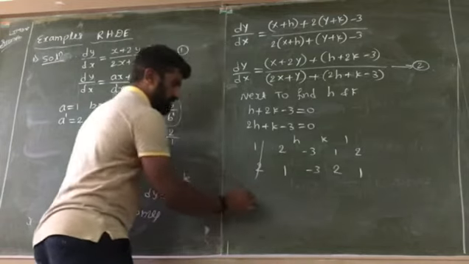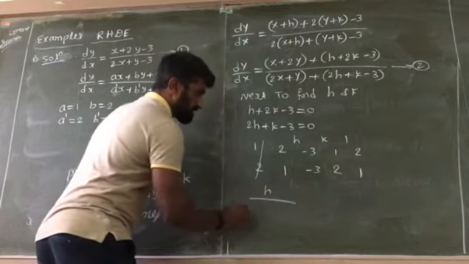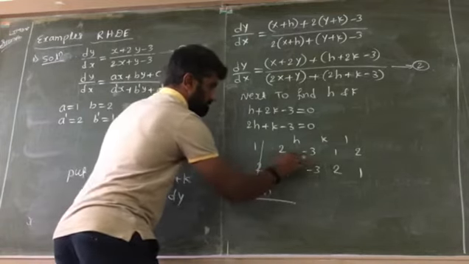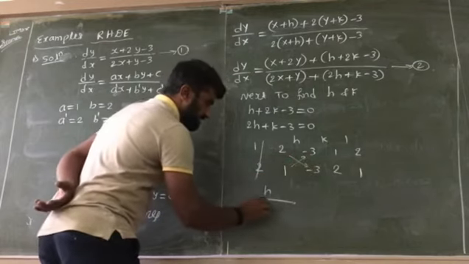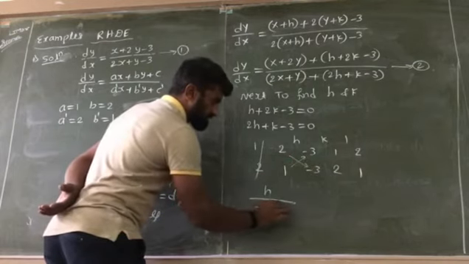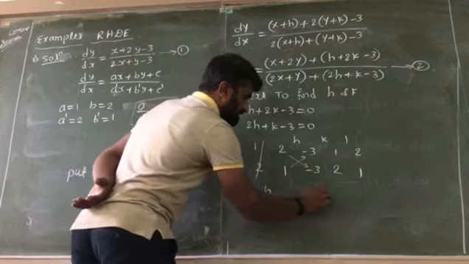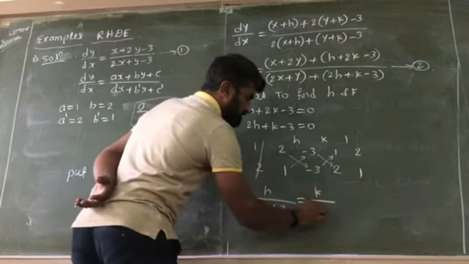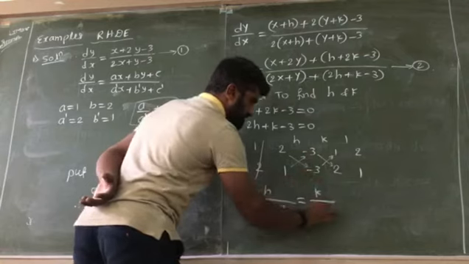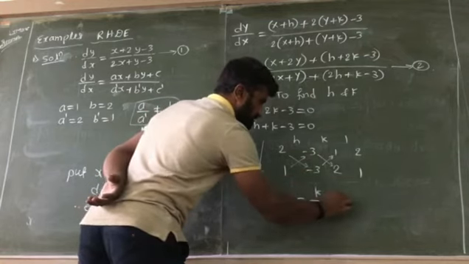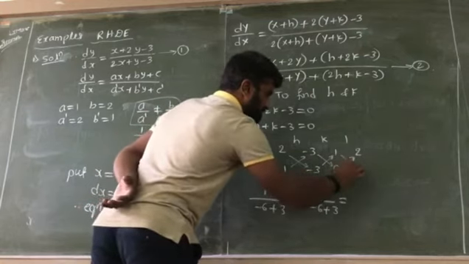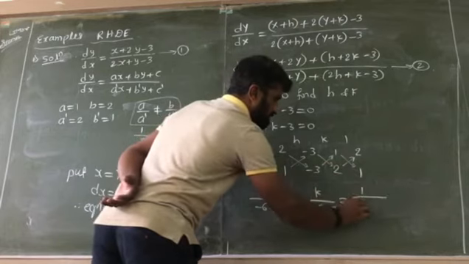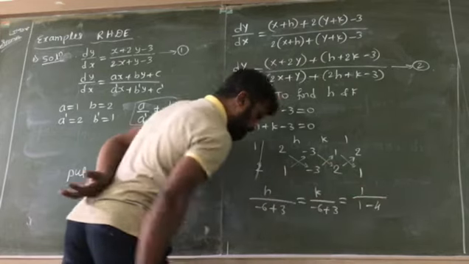Write h divided by the cross multiplication: 2 into 3, minus 6 minus of minus, plus 3, equal to k divided by the cross multiplication: minus 3 into 2 is minus 6, minus of minus 3 is plus 3, equal to 1 divided by 1 into 1 minus 2 into 2, which is minus 3.